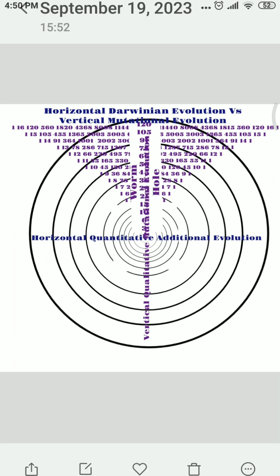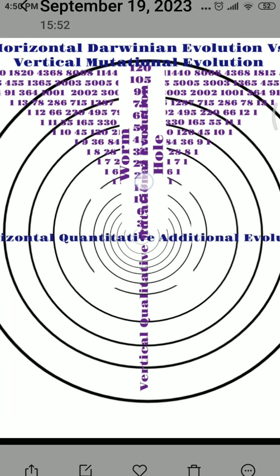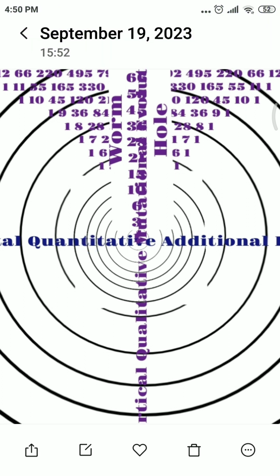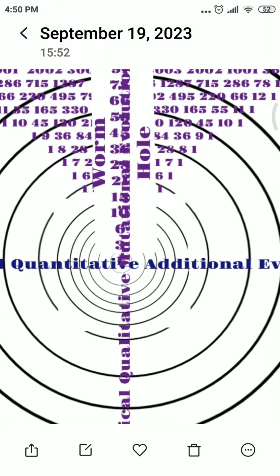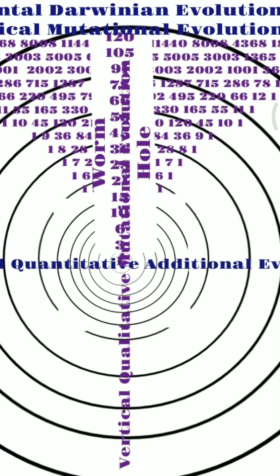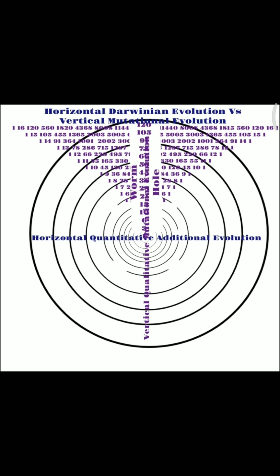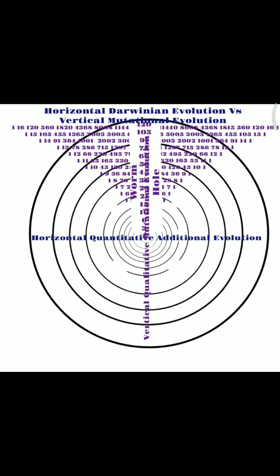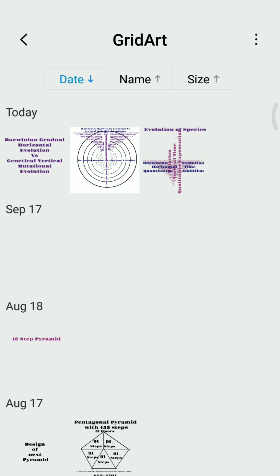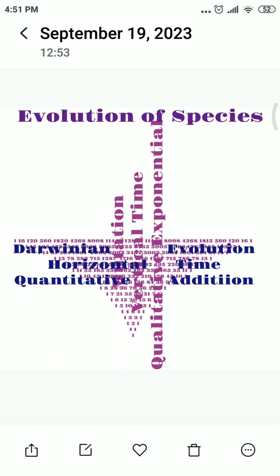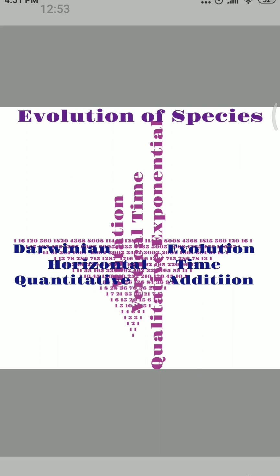The vertical path is basically mutation, and the horizontal path in the same row is the Darwinian, gradual evolution. I hope I made it clear.